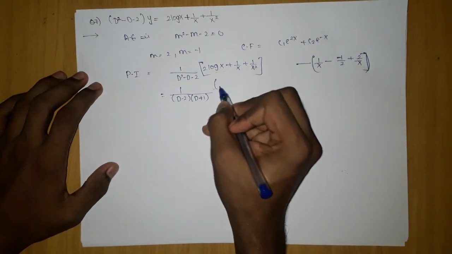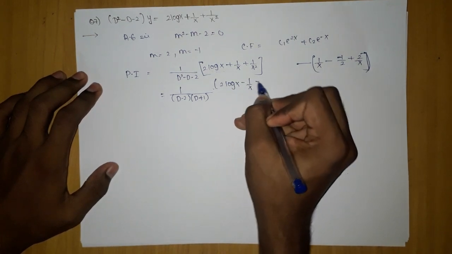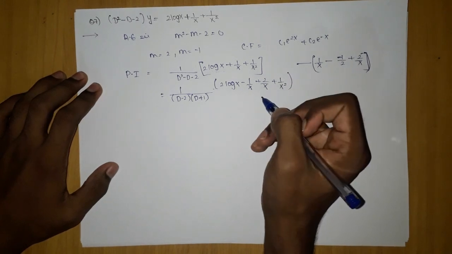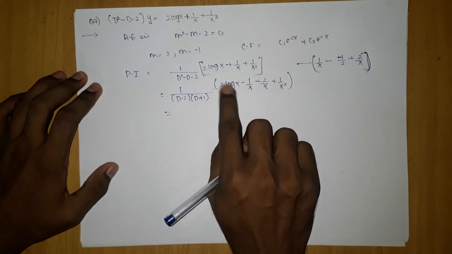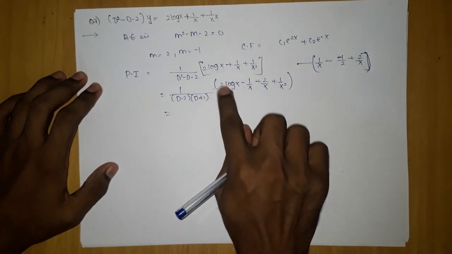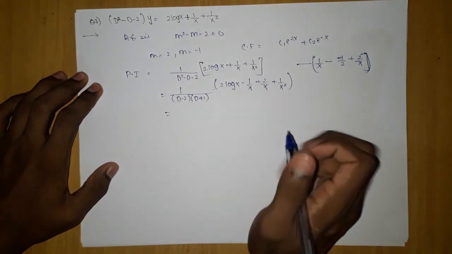Agreed? And here, 2 log x minus 1 by x, plus 2 by x plus 1 by x square, bracket close. If you differentiate this, it will be 2 by x, and if you differentiate this, it will be 1 by x square. So if you differentiate these two, we get this. So this is f of x and this is f dash x.